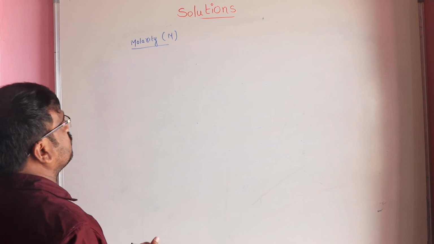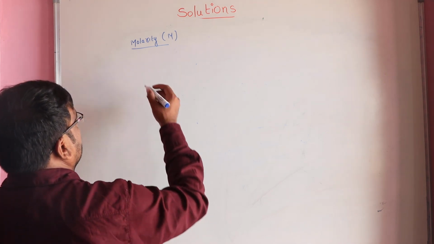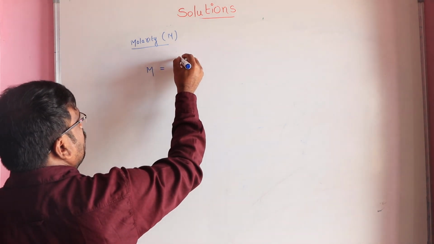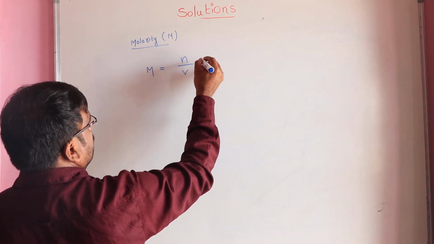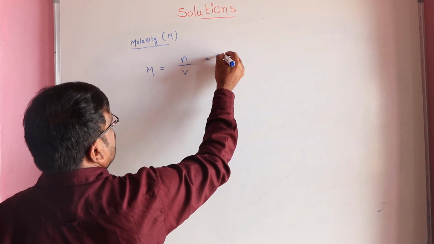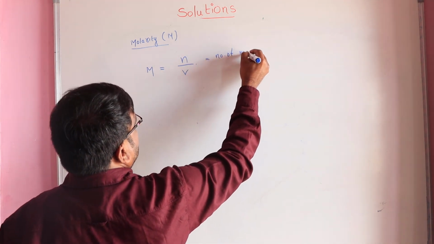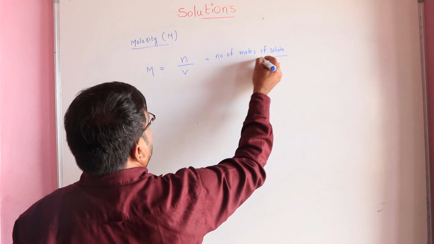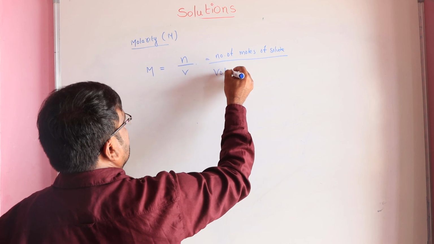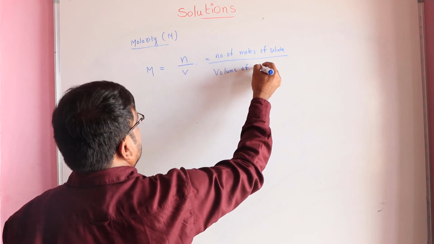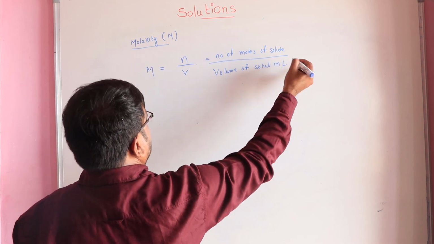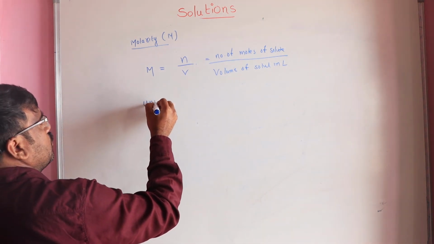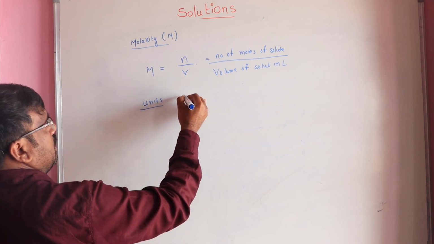The number of moles of solute present in 1 liter of solution is known as molarity. So molarity is equal to N by V: the number of moles of solute divided by the volume of the solution in liters.